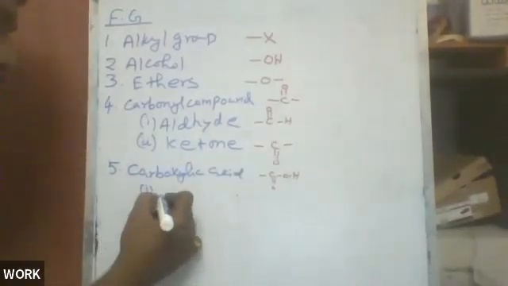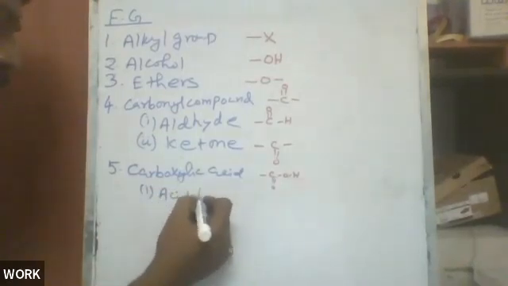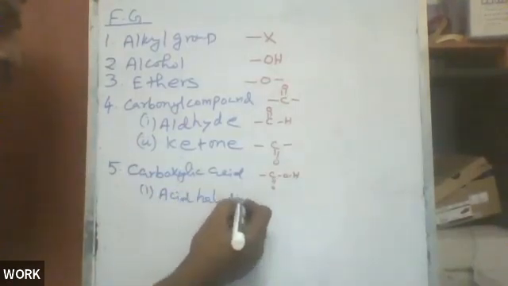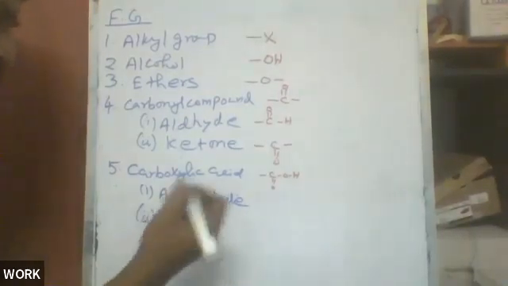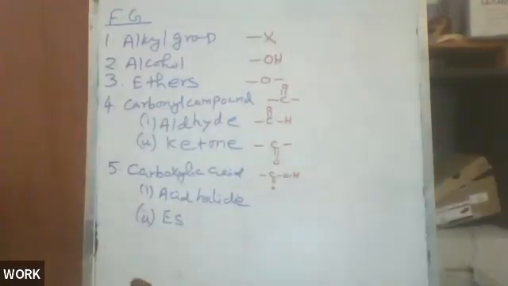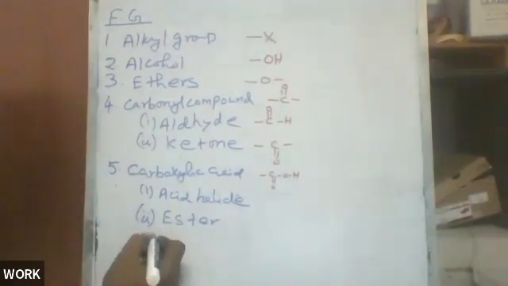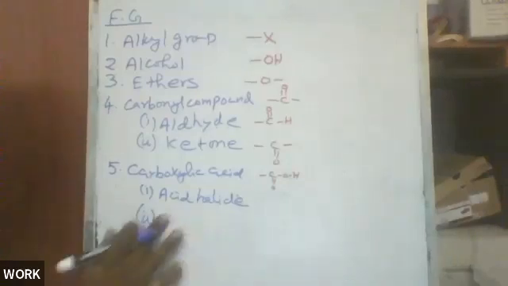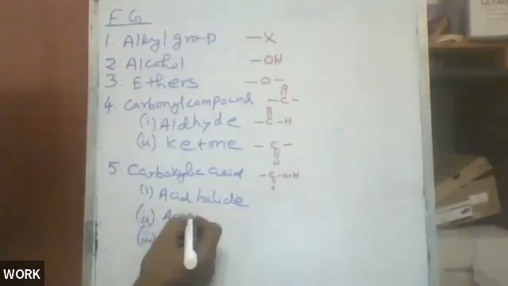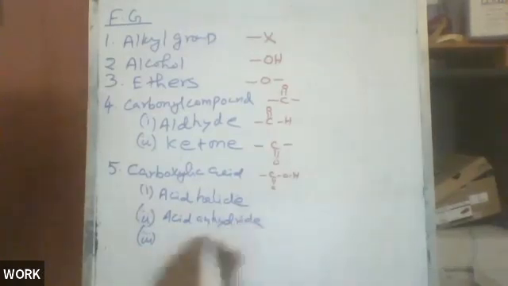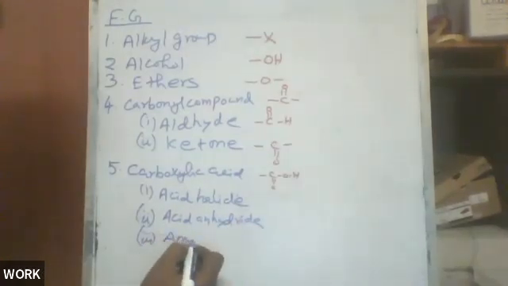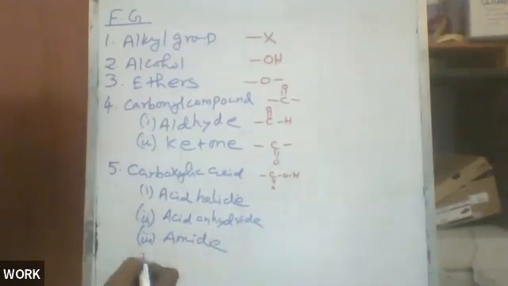That is acid halide, and then ester. Ester we can write separately also. And then acid anhydride. So first we'll write acid derivatives: acid anhydride, amide, and then ester.